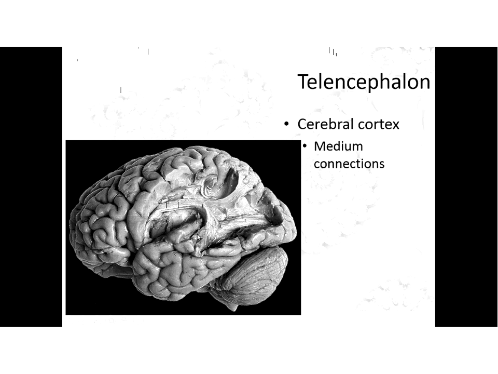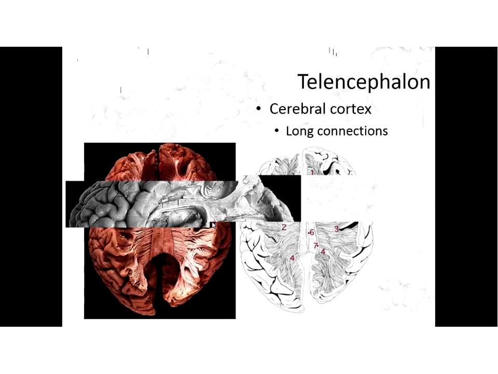Here's the arcuate fasciculus connecting the temporal lobe up to the frontal lobe, connecting Wernicke's area and language processing up to Broca's area and language production. And so you can see this fiber connecting those 2 together, and those medium connections are connecting 2 lobes together, connecting that information processing together.